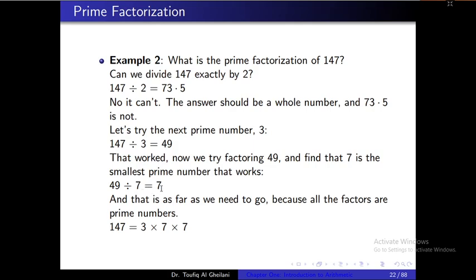So the prime factorization of 147 is 3 times 7 times 7, because all factors are prime. So 3 times 7 times 7 we get 147.